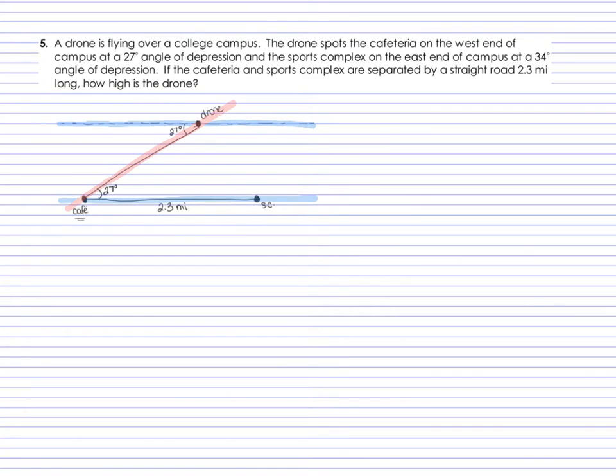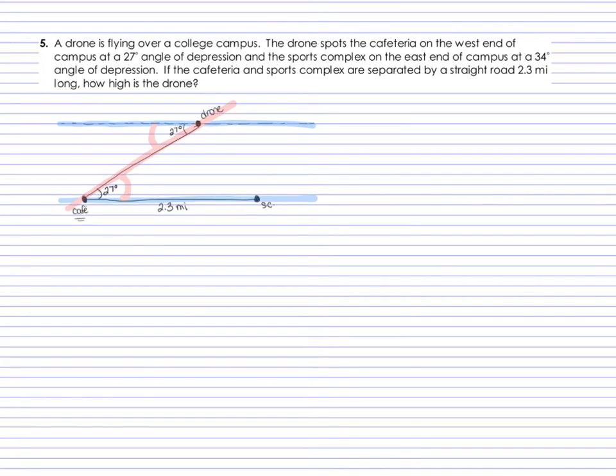So my alternate interior angles match this angle with this angle. So if we know the angle of depression is 27 degrees, we also know that this angle of elevation from the ground up to the drone's line of sight is also 27. Please let me know if that doesn't make sense to you guys, and I'll go back over it.